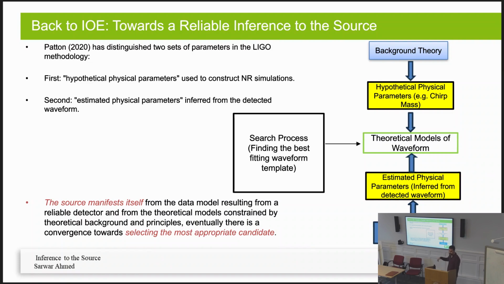So the source manifests itself from the data model resulting from a reliable detector, and from the theoretical models constrained by theoretical background and principles. Eventually, there is a kind of convergence towards selecting the most appropriate candidate.